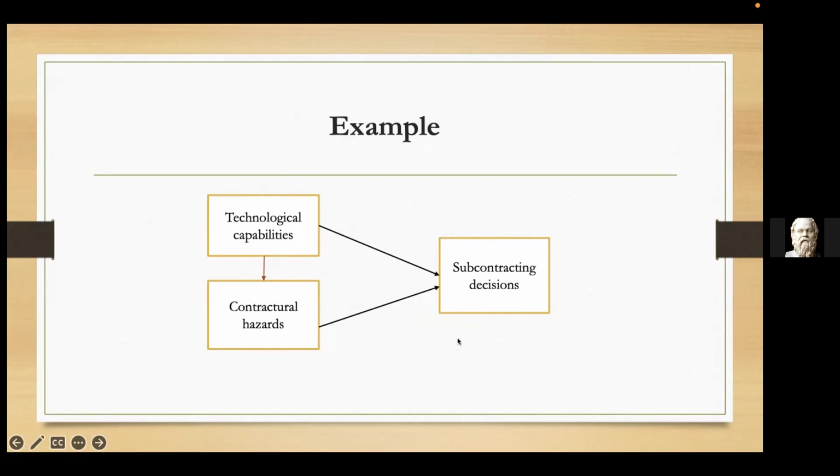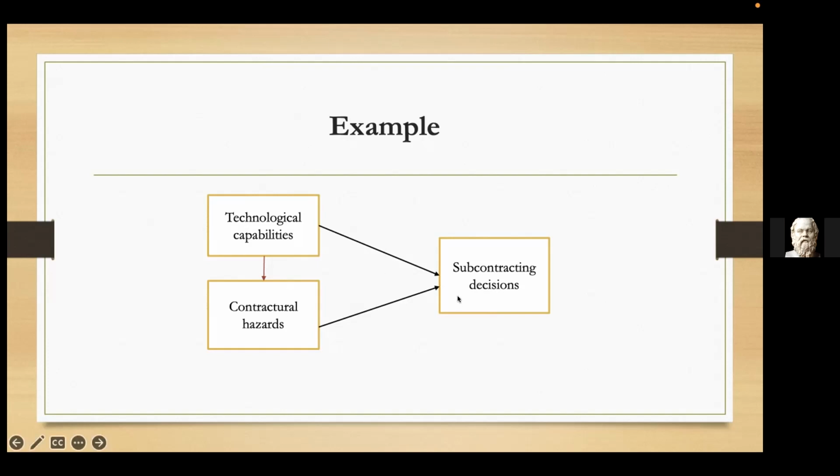So to give a holistic view of subcontracting decisions, you also look at the risk involved in subcontracting. Okay, so here you now bring in the other variable that can explain that.